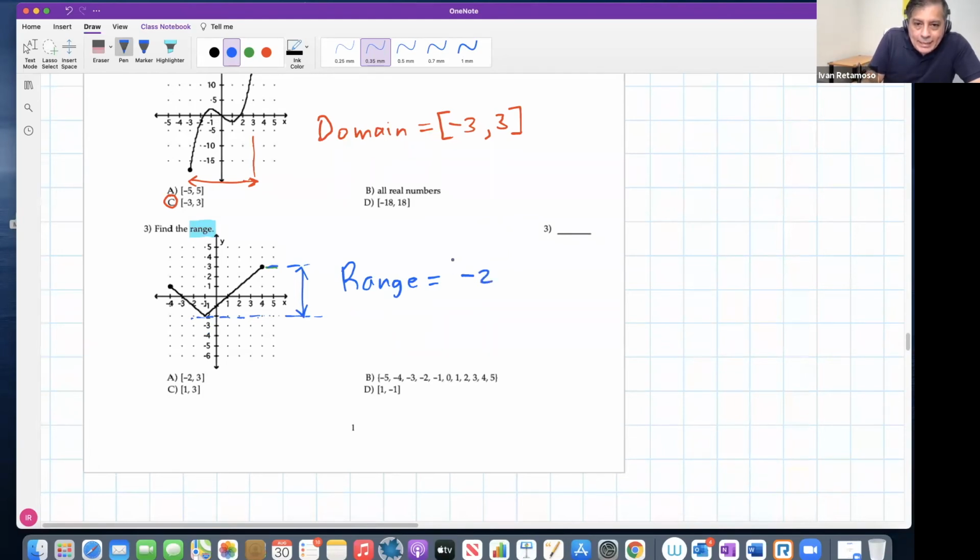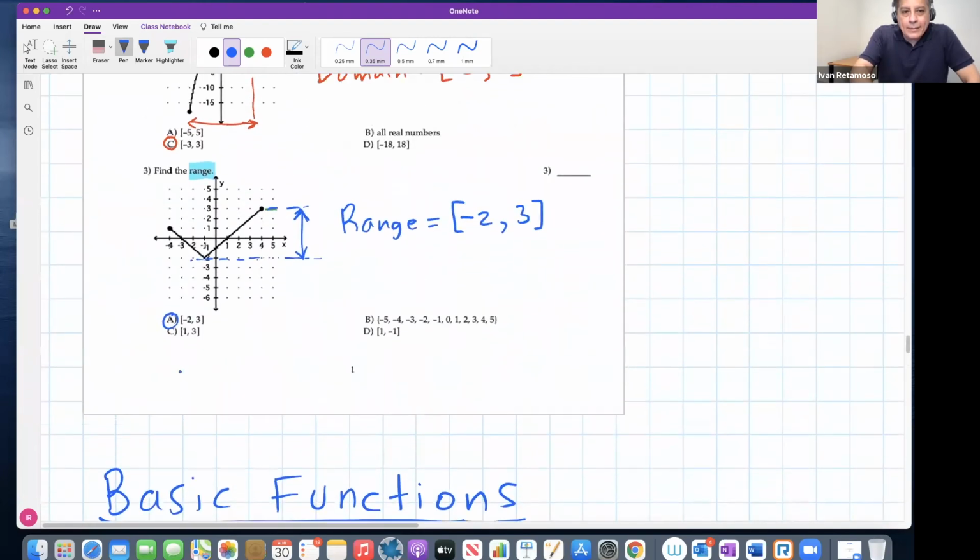Now, bracket, because this point belongs to the graph. Comma, the highest I can go in this direction is this point, not this point, but this point, higher. 3. That's it. Yep, that's your range. And then when you look through, it's here. Excellent.